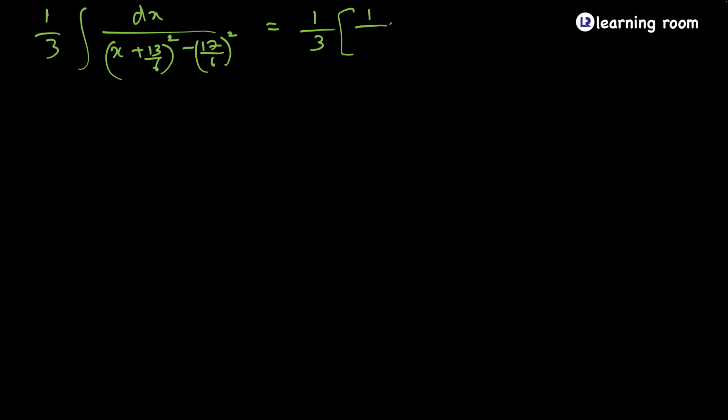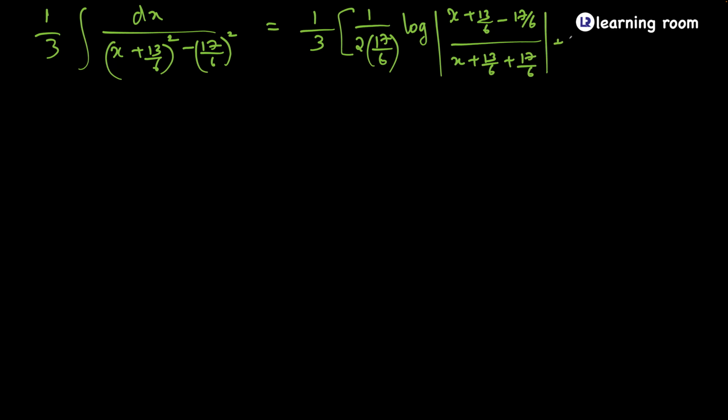So 1 by 2 into a is 17 by 6 log of x minus a by x plus a. X is x plus 13 by 6. So x plus 13 by 6 minus a divided by x plus 13 by 6 plus a plus c. Okay, here the bracket will get closed.